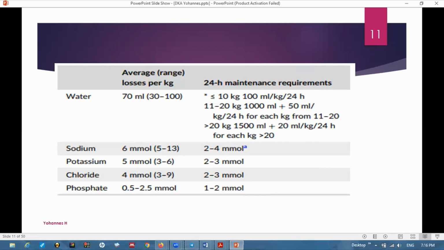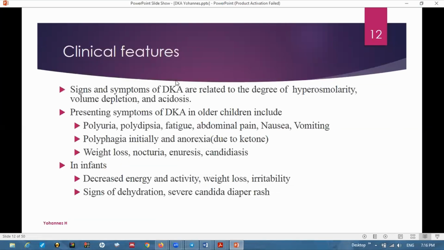When you see the clinical features, the signs and symptoms of DKA are related to degree of hyperosmolarity, volume depletion and acidosis. The presenting symptoms of DKA in older children include polyuria and polydipsia. The polyuria is due to osmotic diuresis, and due to the hyperosmolarity they will have polydipsia.